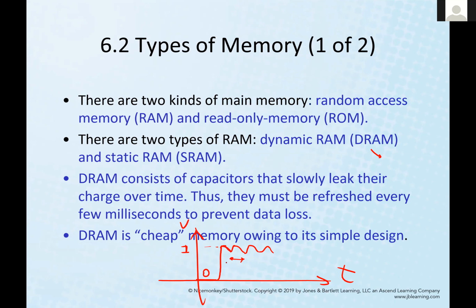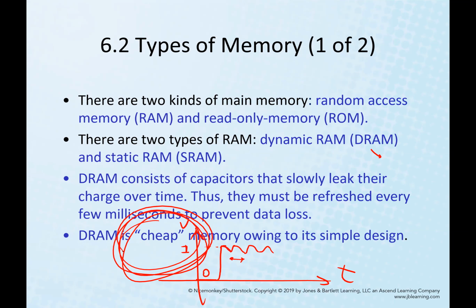But we don't need to do that in SRAM, because as you remember, I said that SRAMs consist of flip-flops, and the flip-flops keep the data. What's the advantage of DRAM compared to SRAM? The advantage is that it's cheap, not expensive.